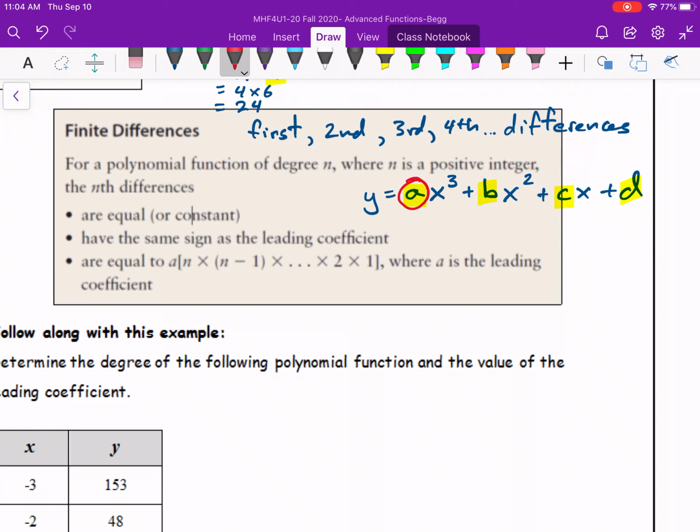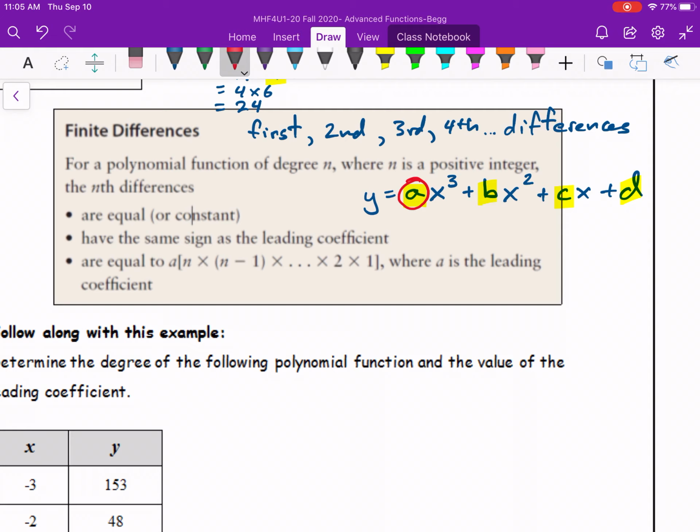All right? And finally, in the last bullet here, the constant differences are going to be equal to A, the leading coefficient, times n times n minus 1, etc., down to 1. Remember, n is the exponent, whatever our degree is.